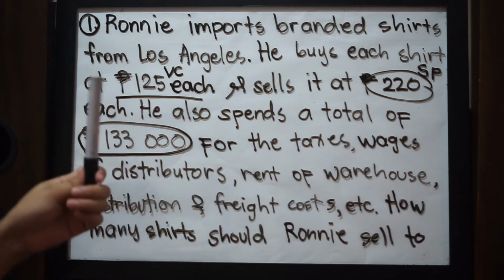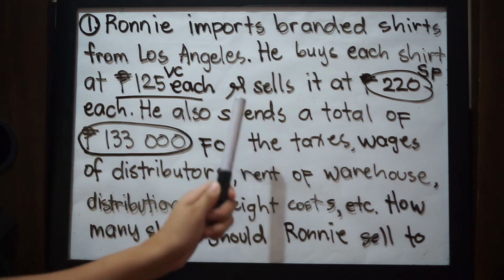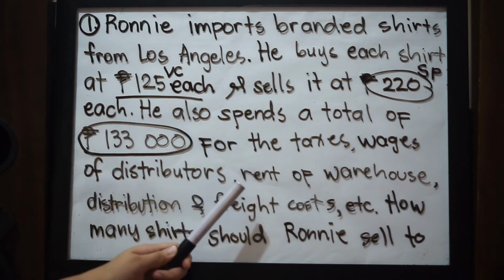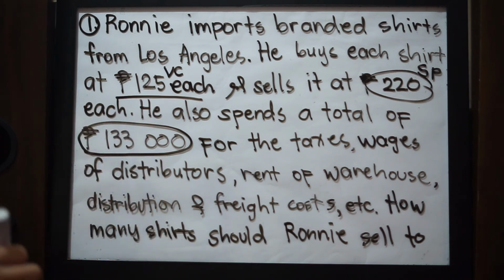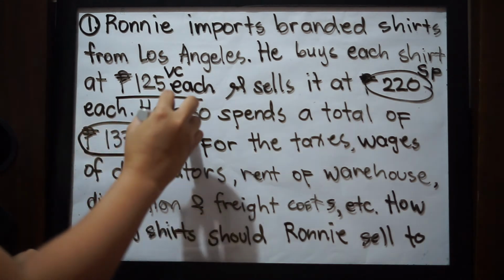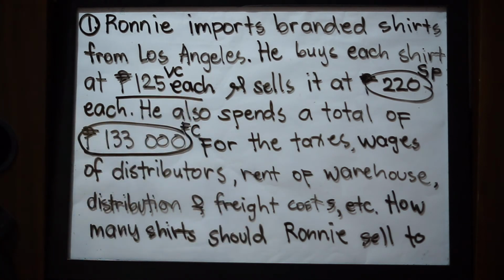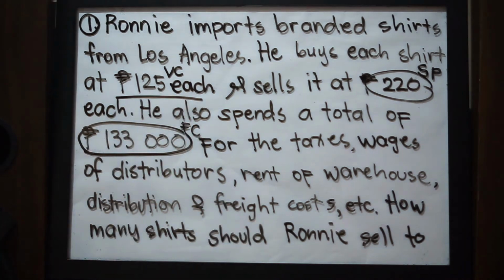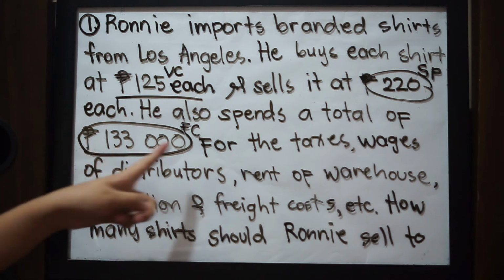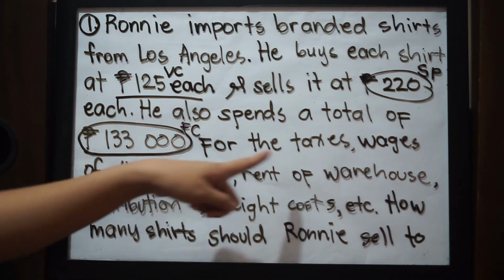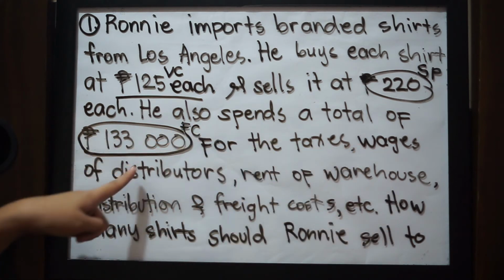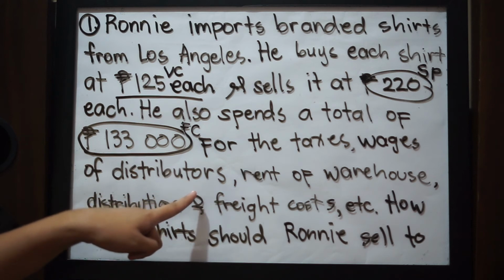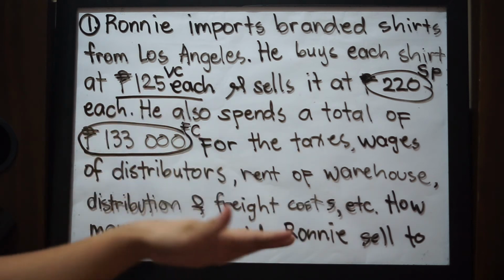Ayan, mapapansin nyo, cost din siya kasi nga, he also spends. Ibig sabihin, yung businessman, yung nagbigay ng pera. So, cost to. Ngayon, nag-iisa na lang naman yung cost natin, which is the fixed cost. Bakit fixed cost yung 133,000 pesos? Naging fixed cost yung 133,000 pesos dahil sinabi, yung 133,000 ay para sa tax, para sa wage ng distributors, sweldo, rent of warehouse, distribution, and freight cost.